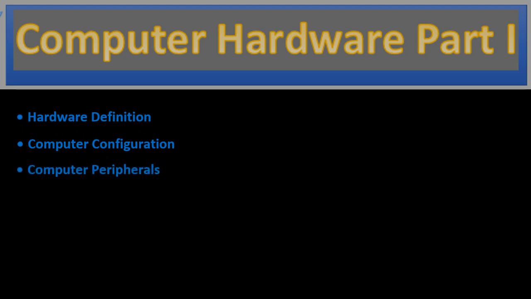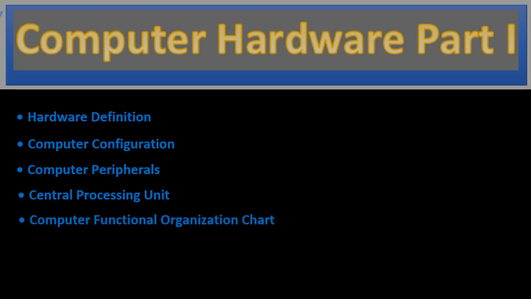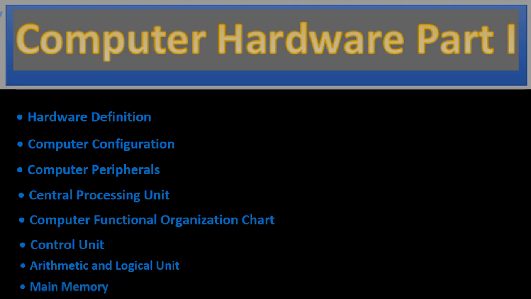We're also going to look at computer peripherals, then the central processing unit. We're going to look at the computer functional organization chart, control unit, arithmetic and logical unit, and thereafter we are going to look at the main memory. So look at the list of the items clearly, and note them down.